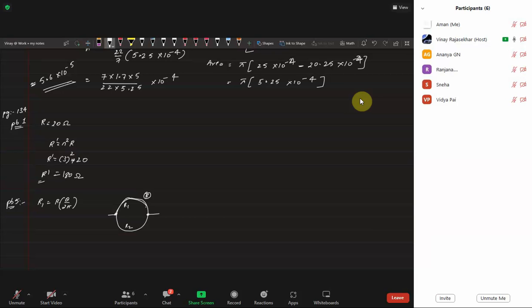The upper part looks like a semicircle. For a semicircle, theta value is pi radians. Then R into pi by 2 pi. Cancel pi and pi. Then R1 is equal to R by 2. In the same way, R2 is also R by 2 because the lower part also looks like a semicircle. I hope you remember the concept which we discussed.